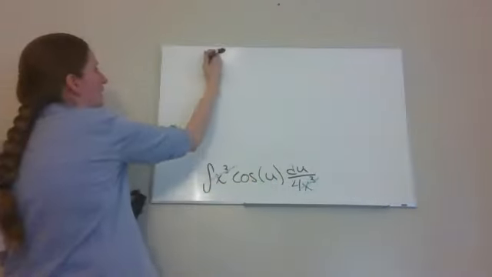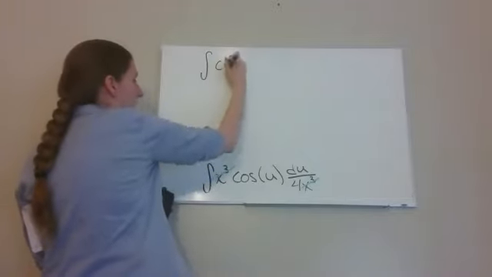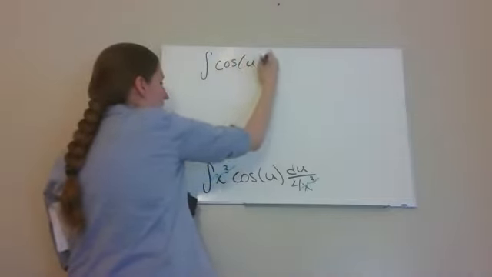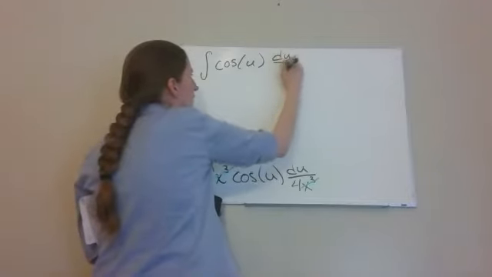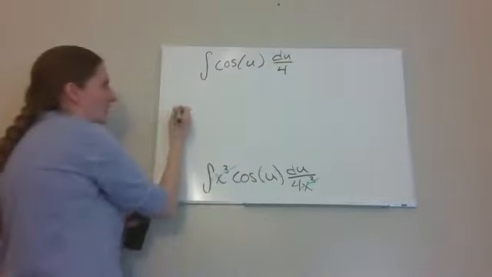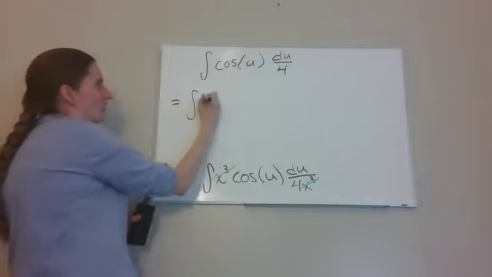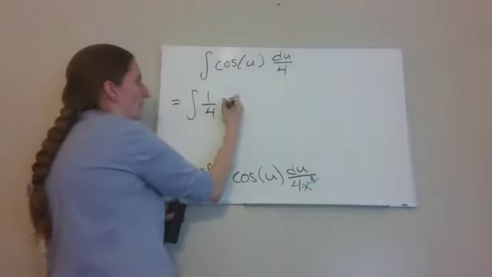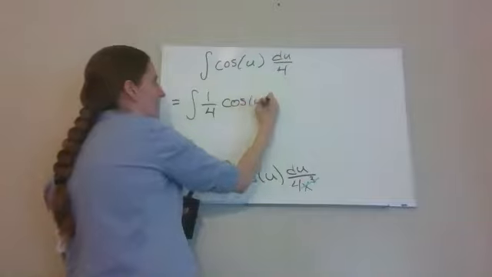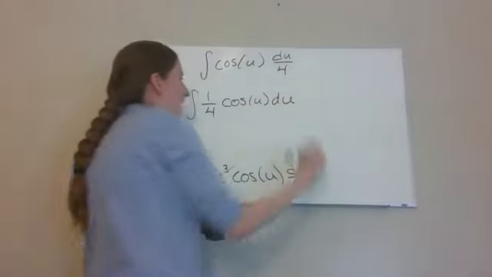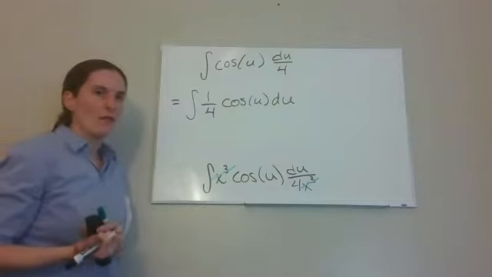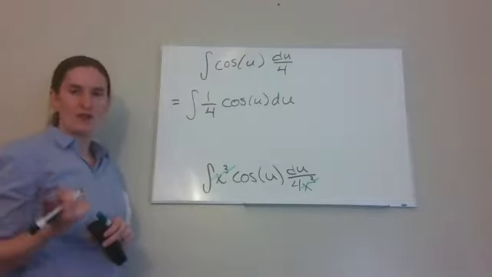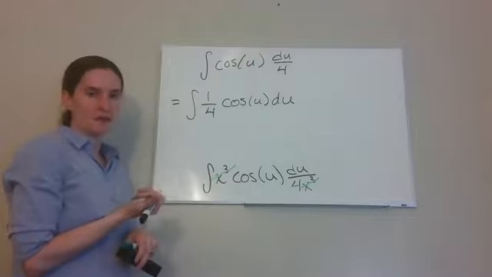So when I cancel out those x to the 3rds, what I have is an integral of cosine of u with a du divided by 4. Well, that looks a little silly. I'm going to rearrange this as a 1/4 in the front, cosine of u du. And now I'm ready to find the antiderivative. What function has a derivative equal to cosine?